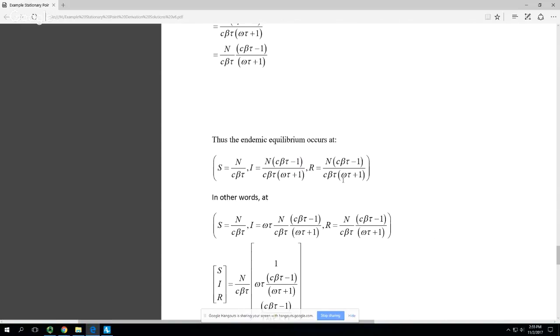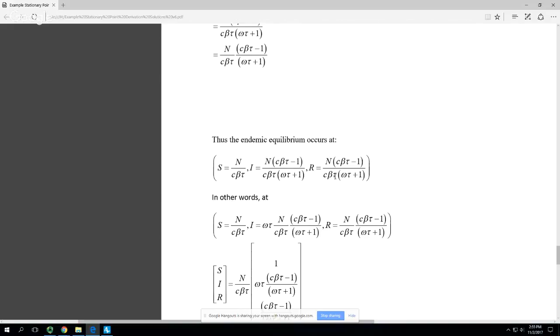This will be important for a later lecture. What is omega, the units of omega? That's my hazard rate. That's my chance per unit time of losing immunity. What are the units of that? 1 over time. What are the units of tau? Time. So when you multiply them, it's dimensionless, meaning it's independent of unit system. It doesn't depend on the units we use. It's a quantity which is independent of how we measure time.